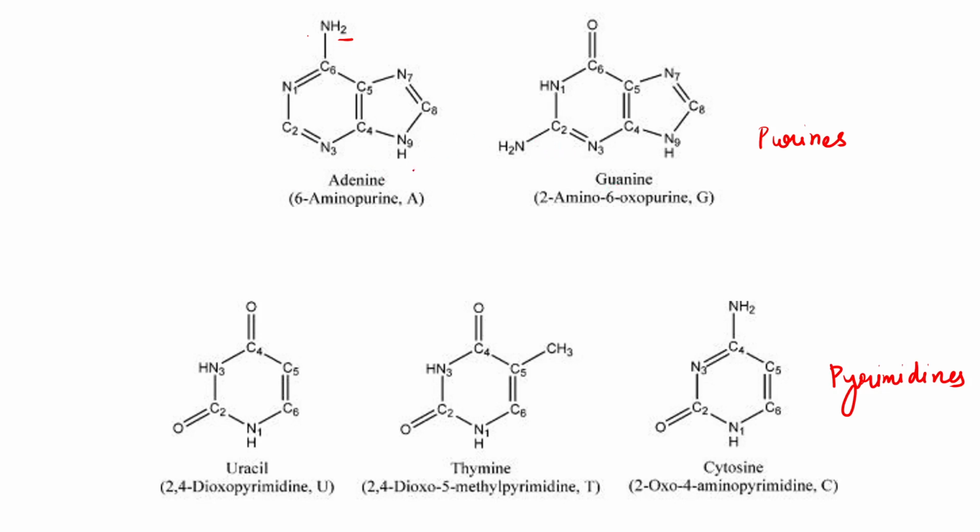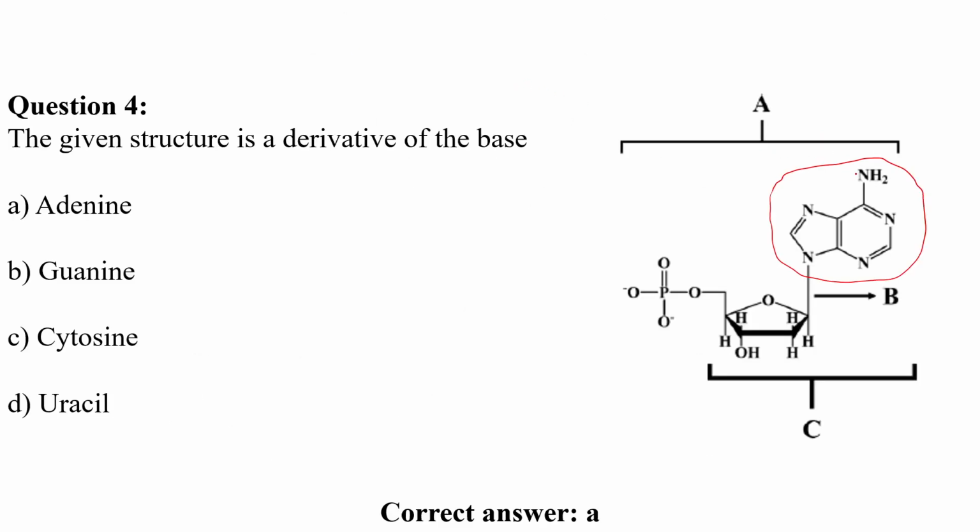So this is very distinctive from each other. So you can differentiate between adenine and guanine easily by seeing the amino group at the 6th carbon here. So most of the time, if you see a 2-ring system, double ring system as a nucleobase, you know it's either adenine or guanine.